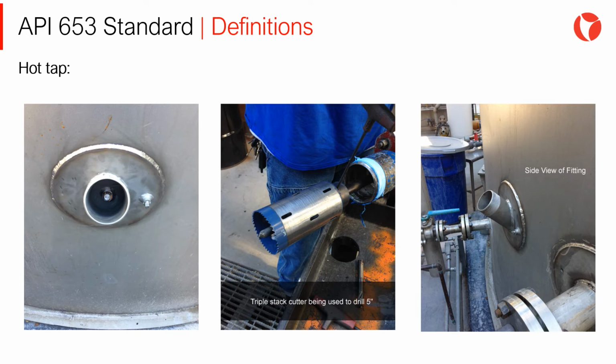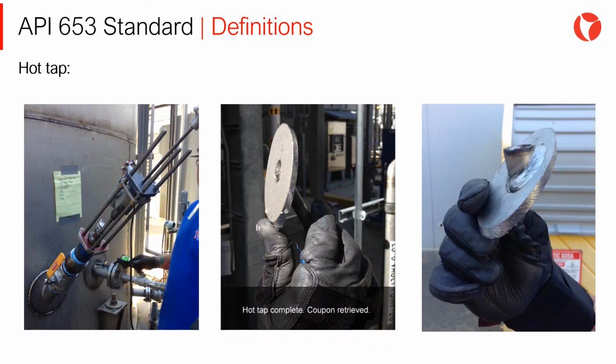This is going to be the guide and the base for the drilling machine that is going to make a hole in the tank shell while this is in operation. In the picture on the left, it can be seen the drilling machine attached to the added nozzle. After that, the cut of the tank shell is made and the coupon extracted.